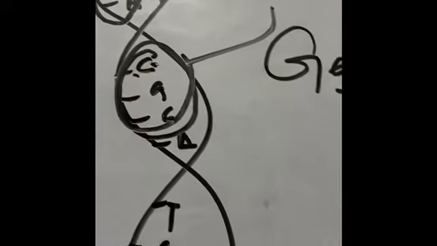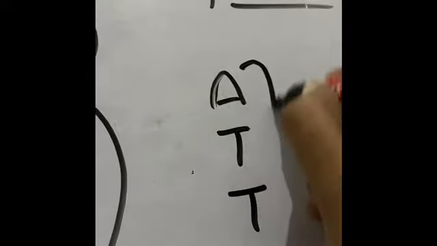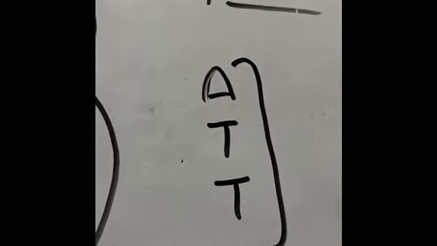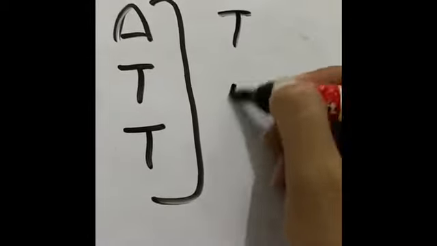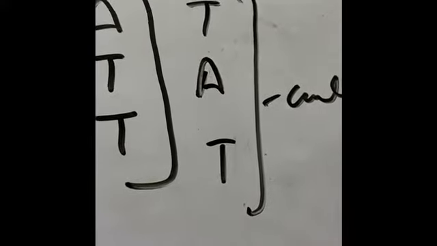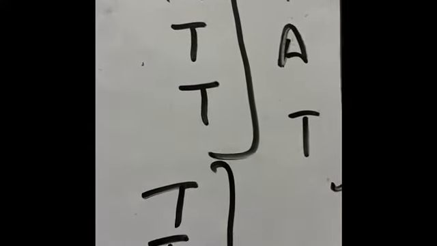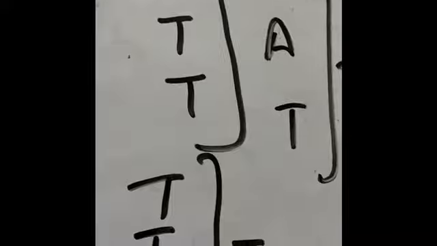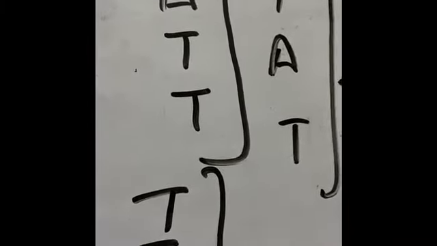Now imagine that ATT, let us say, is a gene for straight hair, right? If another person is having a gene like TAT, this might be for curly hair, right? Another one can be TTA. This means that this person is having neither too straight nor too curly, but a mediocre kind of hair, right?